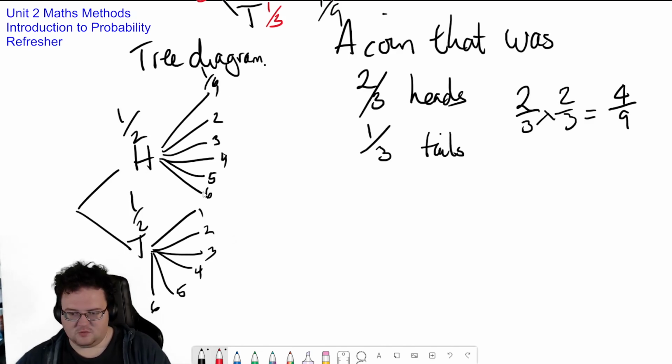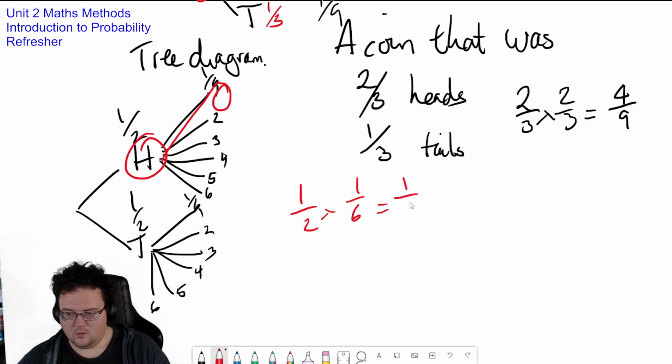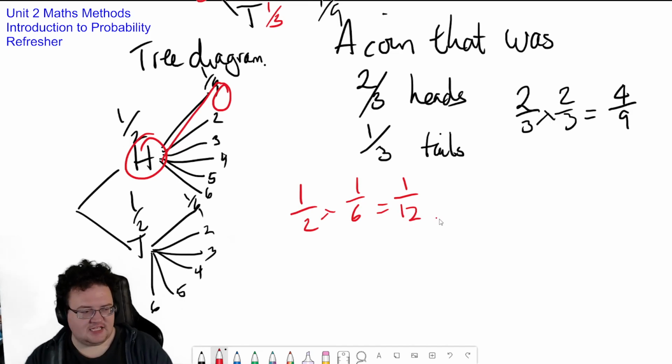And every one of these is 1 over 6. So the probability that I get a heads and a 1 is 1 over 2 times 1 over 6, which is 1 over 12. And in this case, all of those outcomes are equally likely, so they're all going to be 1 over 12.